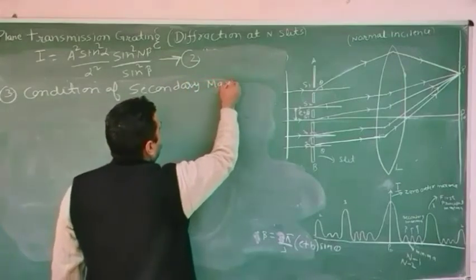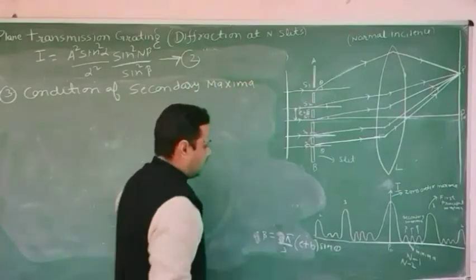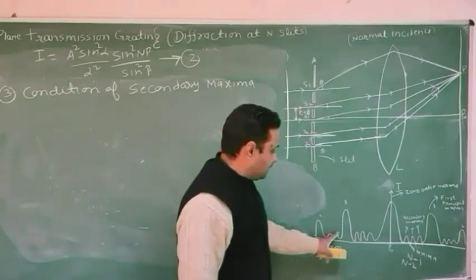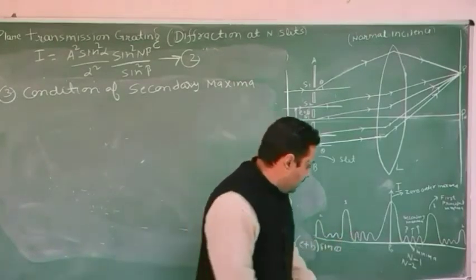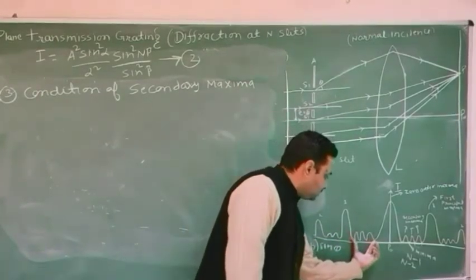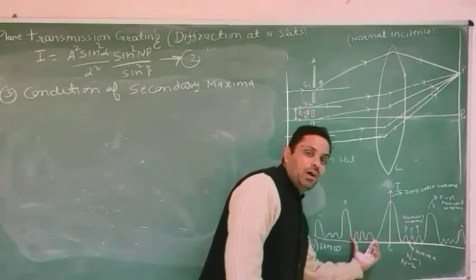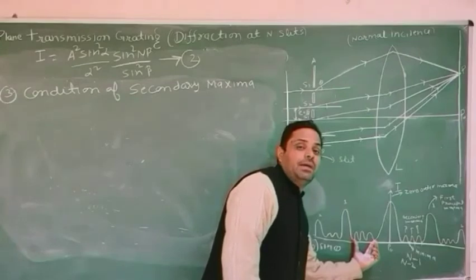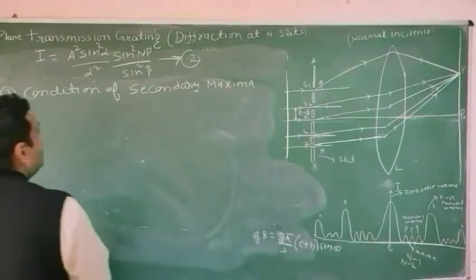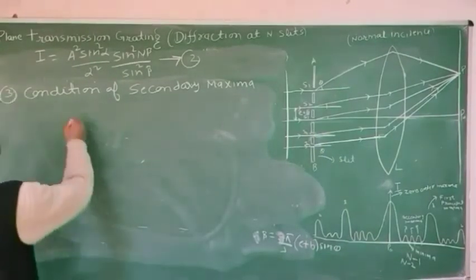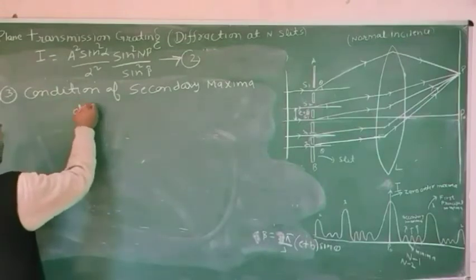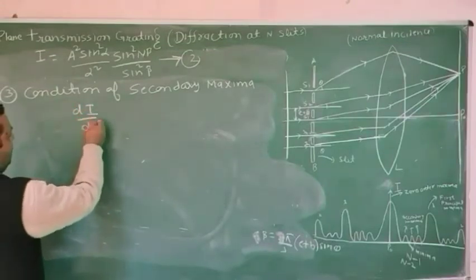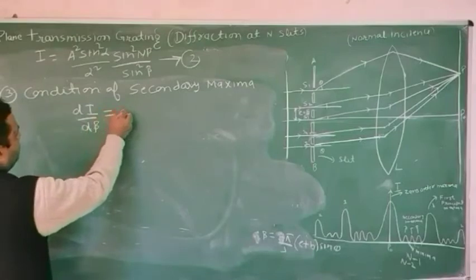When is the secondary maxima? There will be the minima, and between these minima, n minus 1 minima, there will be n minus 2 secondary maxima. Now for the condition of the secondary maxima, we have to apply calculus, that is dI upon dβ should be 0.